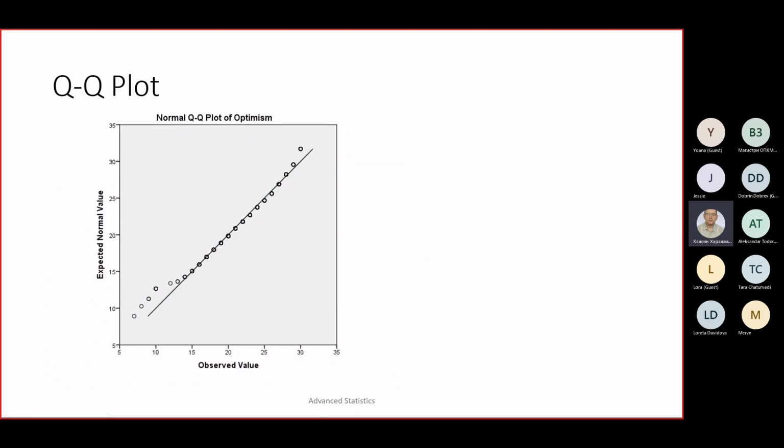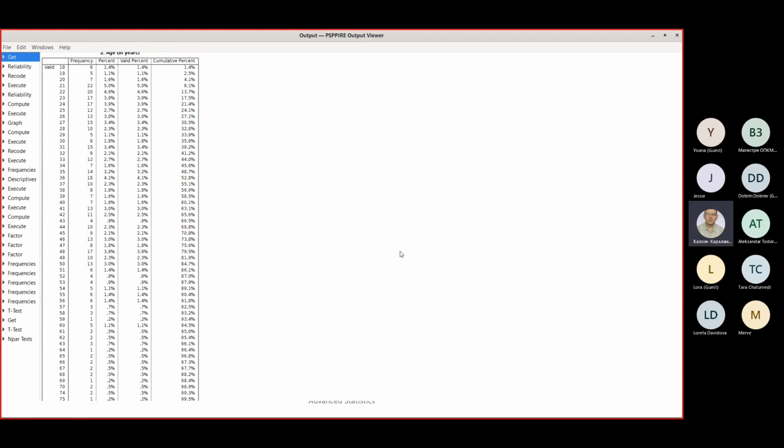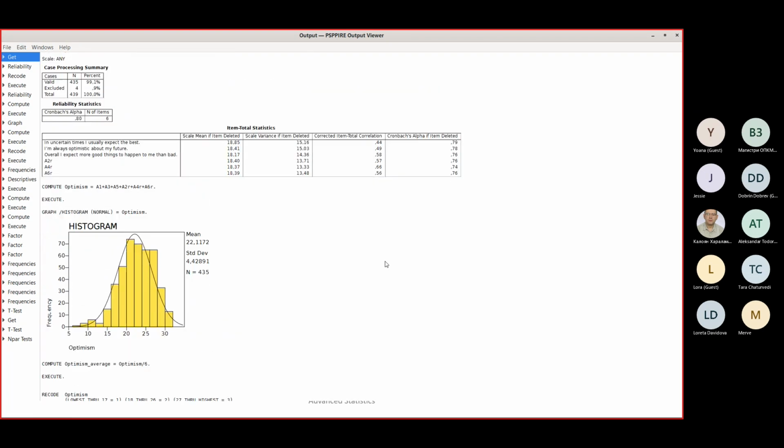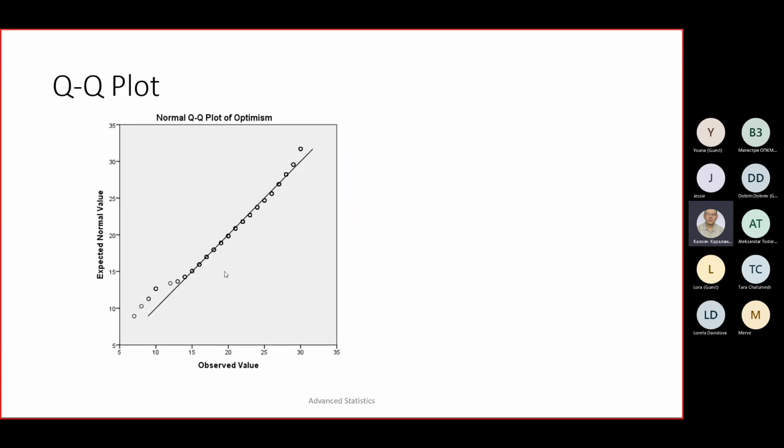When we compare these two graphs with our first graph here, maybe the QQ plot is more accurate, because it shows that in the middle the distributions are almost the same, with small differences on the right and bigger differences on the left.